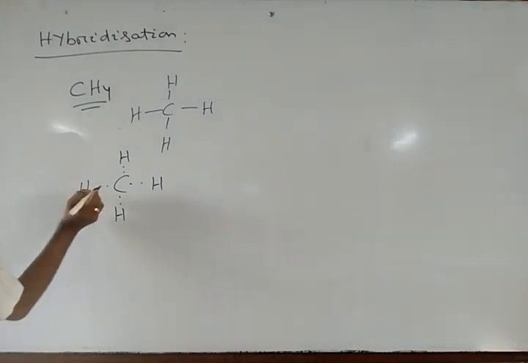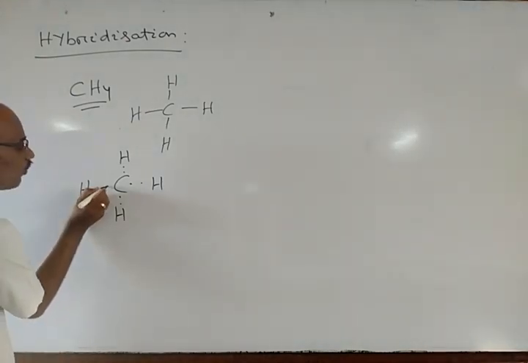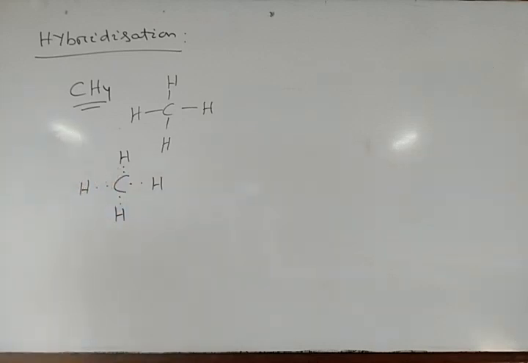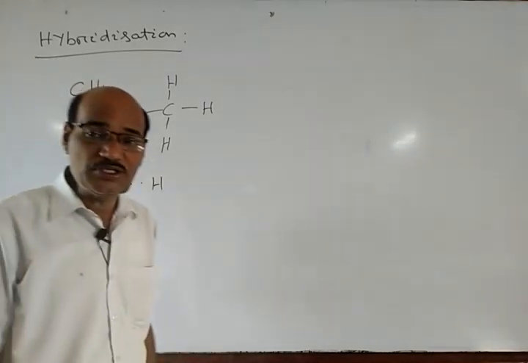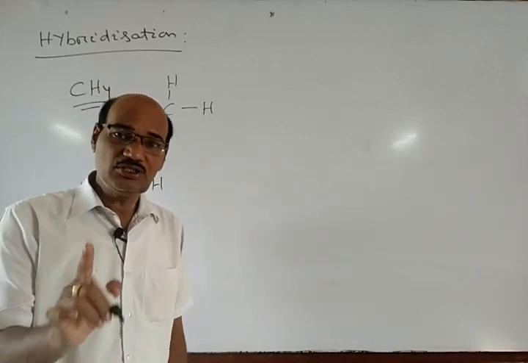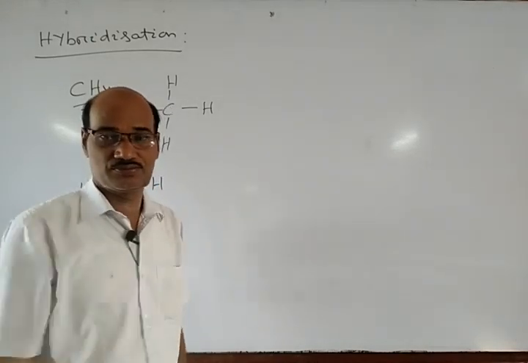Here you see carbon has 1, 2, 3, 4 electrons in its outermost shell, and these are forming 4 sigma bonds with 4 hydrogen atoms.